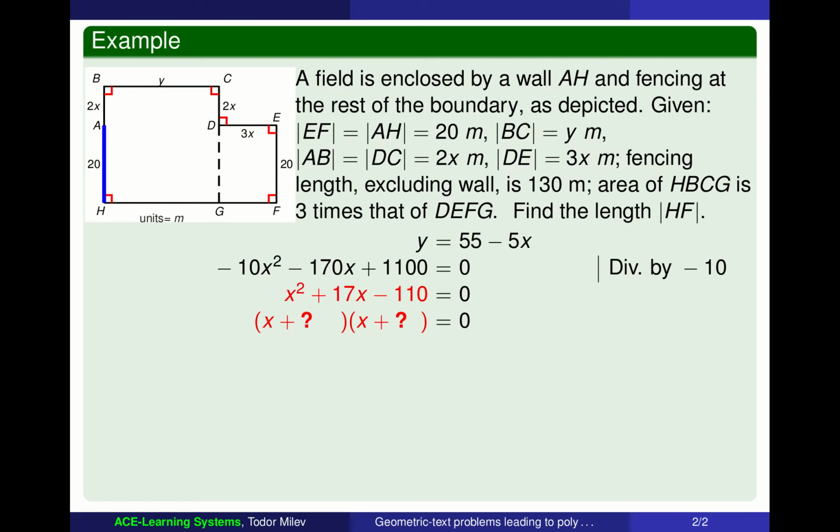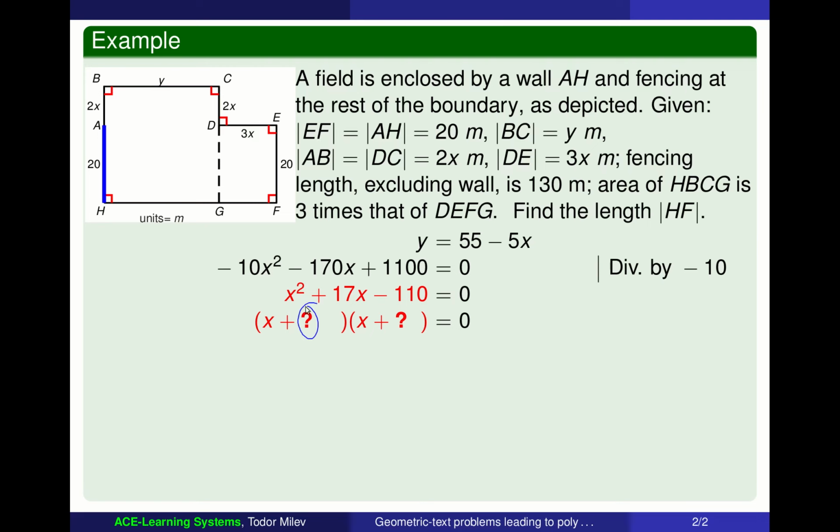Okay, so now let's see how we're going to do this. We could either try to guess the factorization of this quadratic, or we could try to use the quadratic formula. Which one should we use? Let's first try guessing.